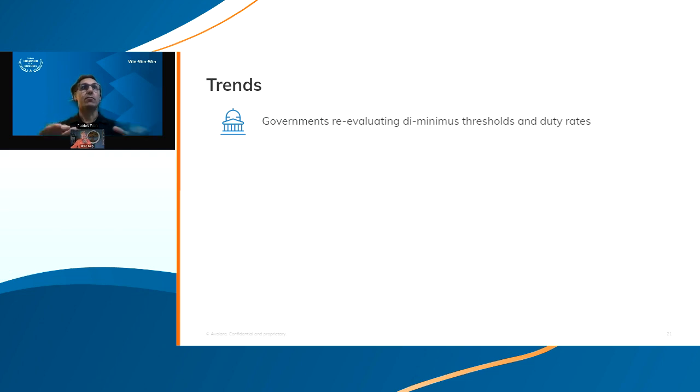And we saw those de minimis values rise as countries attracted more shipments and encouraged more imports. However, that's changed. And what we're seeing now is these levels dropping down. So Europe recently, in the last couple of years, dropped down. Canada, as I just mentioned, dropped down to where it is today, 40 on courier shipments going into Canada.